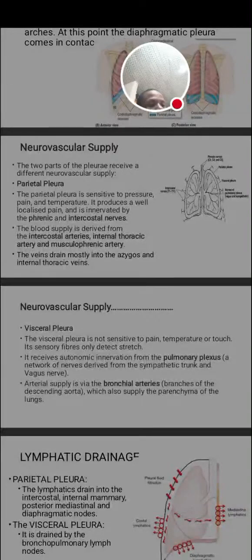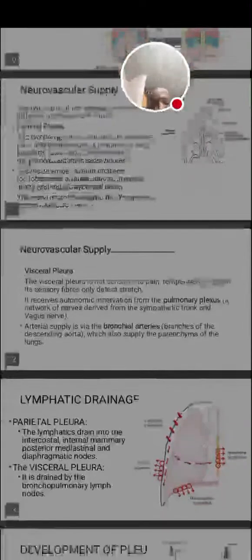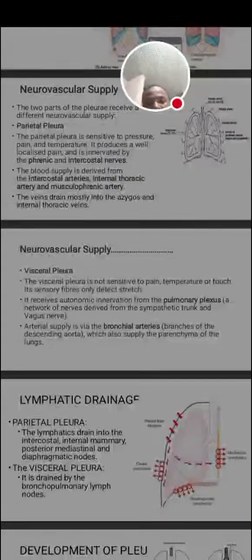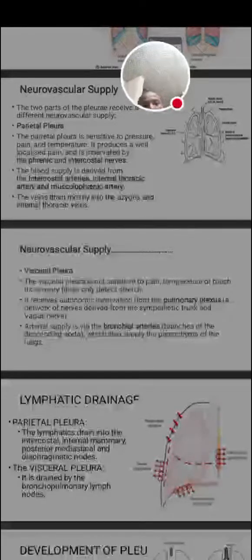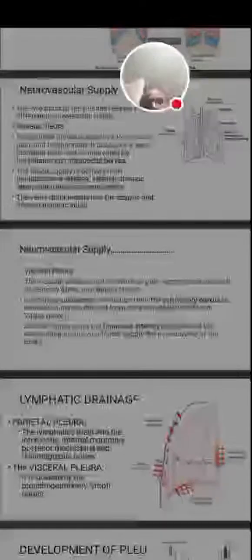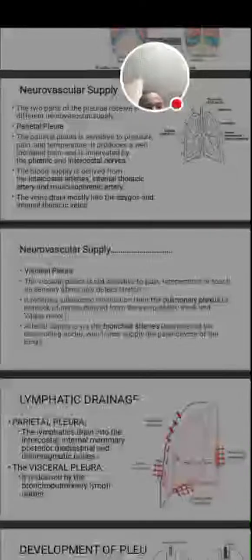So we're going to check the veins that drain the viscera. If there's no venous drainage, that would be a challenge. For there to be bronchial artery supplying it, there must be bronchial vein returning it.